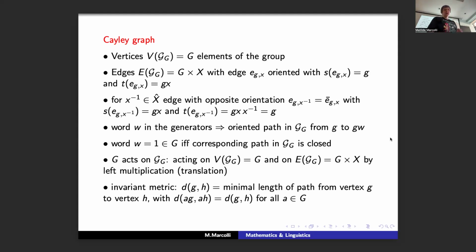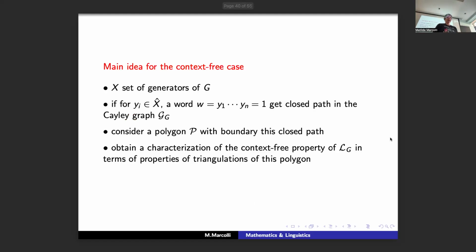The way to think of the context-freeness of the language is that this graph is not finite anymore, but is sort of looking the same everywhere, which is exactly the fact that your production rules are context-free. So you can uniformly bound this graph locally, and wherever you are, it doesn't matter in some sense.